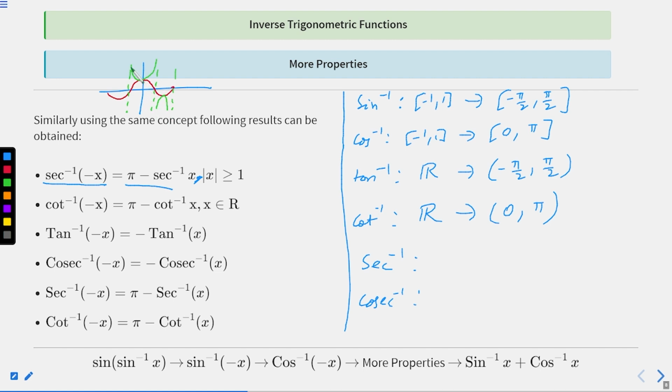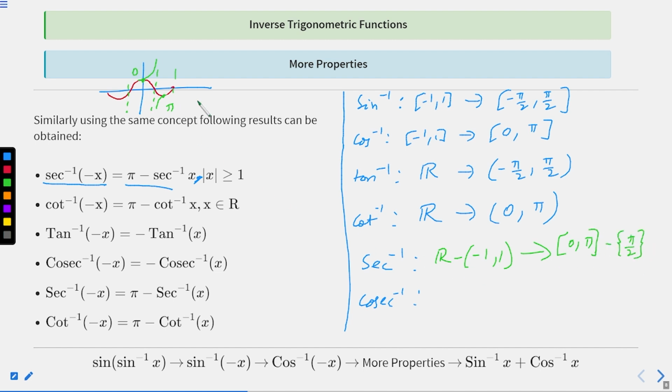So what you can see over here is this point is 0, this point is pi. Your domain will be R minus the open interval minus 1 to 1, and the range is the closed interval 0 to pi, but eliminating this point pi by 2.